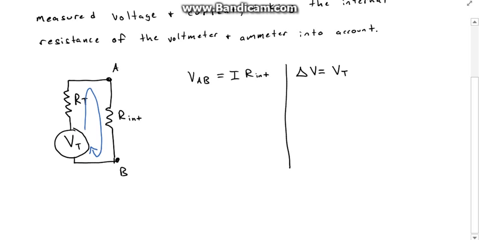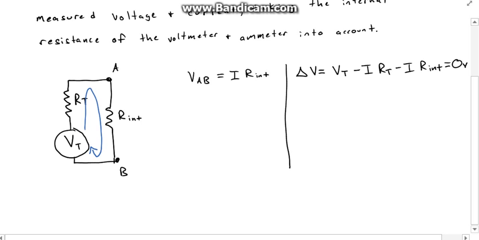I lose voltage I times Thevenin resistance when I pass over the Thevenin resistor, and I lose I times R internal when current flows through the voltmeter. And that has to equal 0 volts.